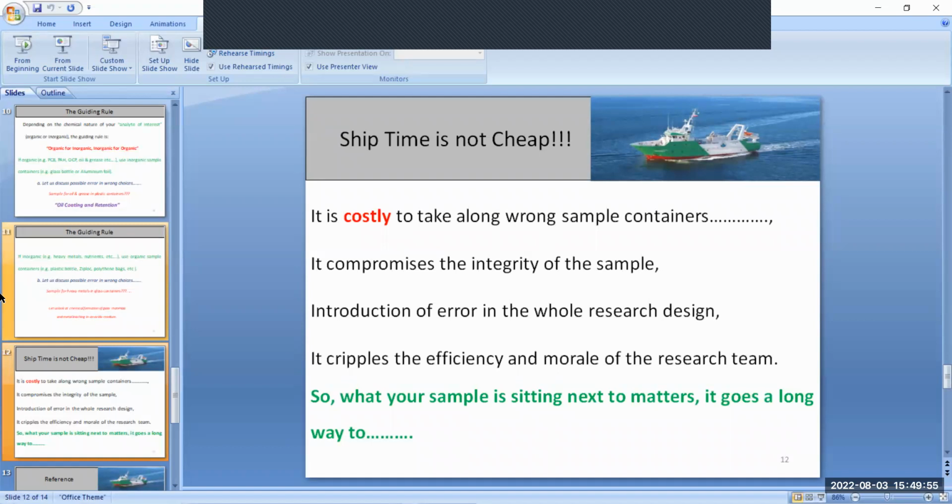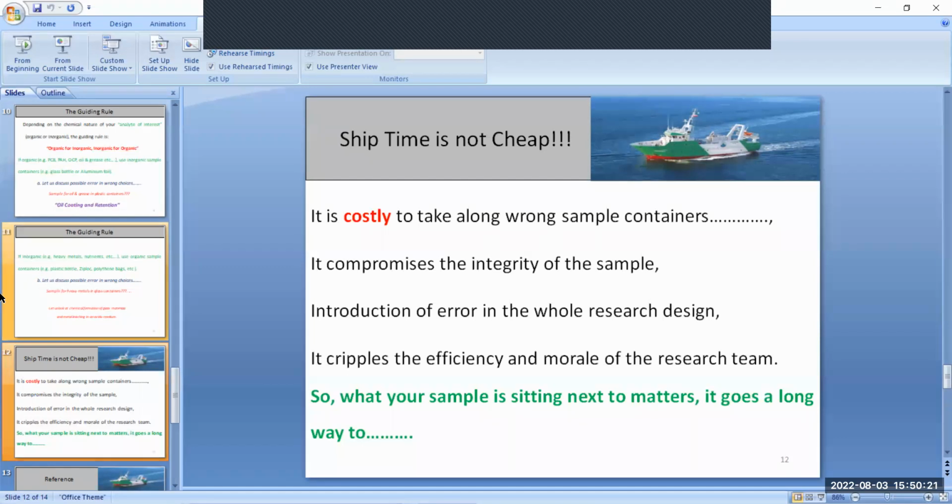Any attempt to take the wrong sample container could be costly. It compromises the integrity of the sample, and it also introduces error into the whole research design, as I've mentioned in the diagram that I've shown.